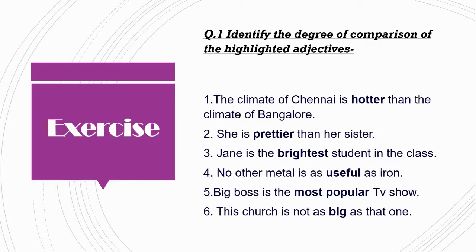Fourth, no other metal is as useful as iron. Fifth, Big Boss is the most popular TV show. Sixth, this church is not as big as that one. In all the given sentences, the highlighted words are the degree of comparison, and you have to identify which degree it is in.